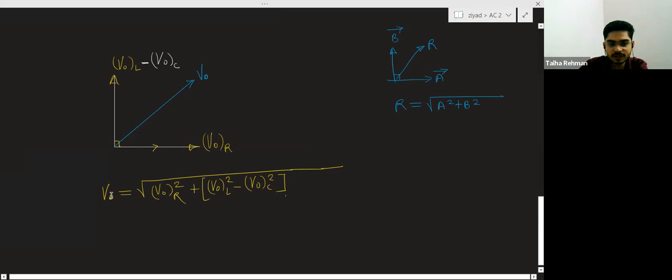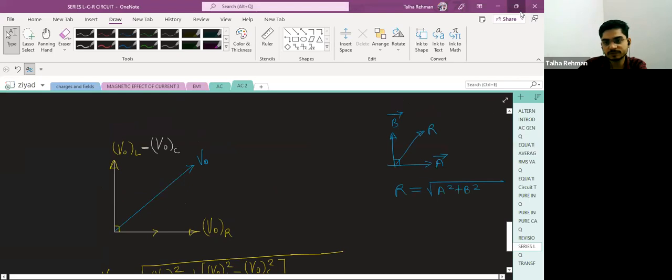So this will be the peak voltage of the circuit.